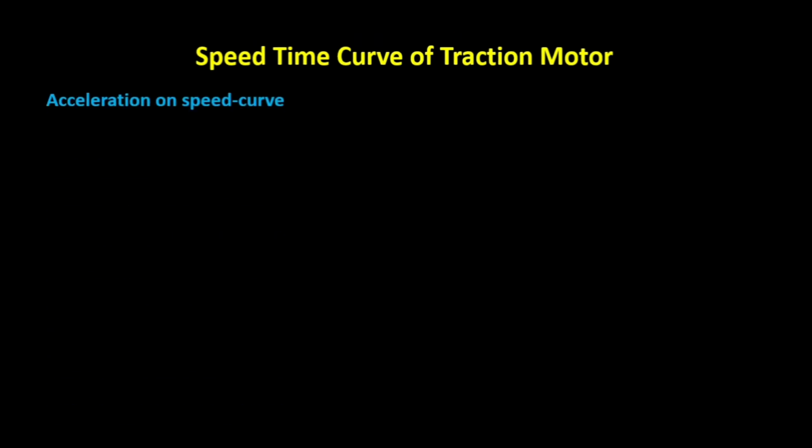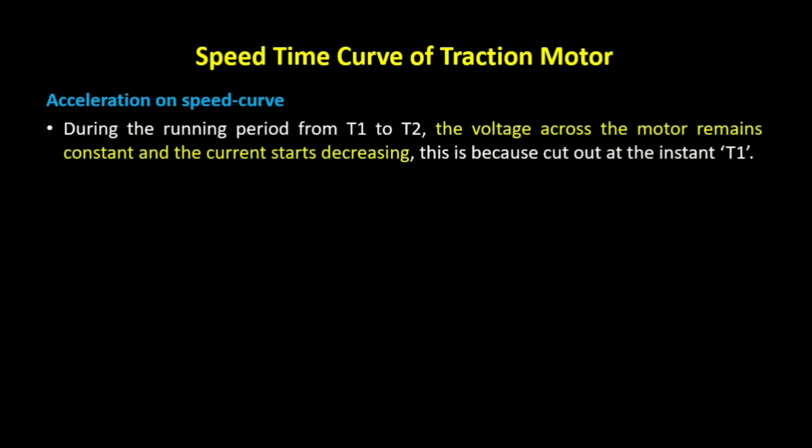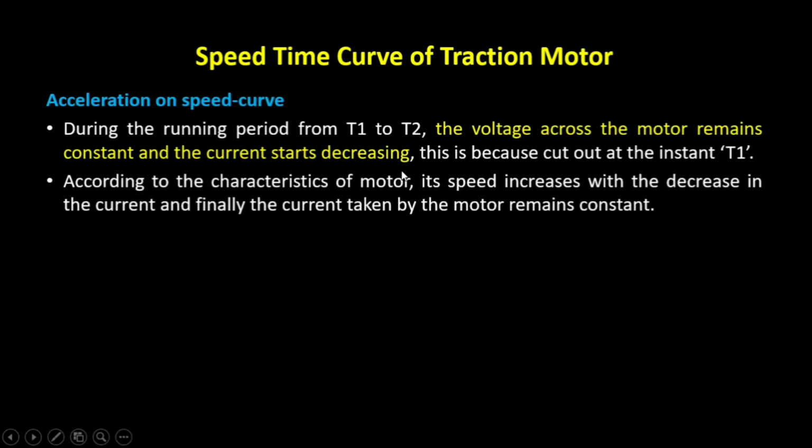Then another was acceleration on speed curve. What was happening over here? As I told you, the voltage was kept constant, and now the current will start decreasing, and as soon as the current decreases, the speed will start increasing.